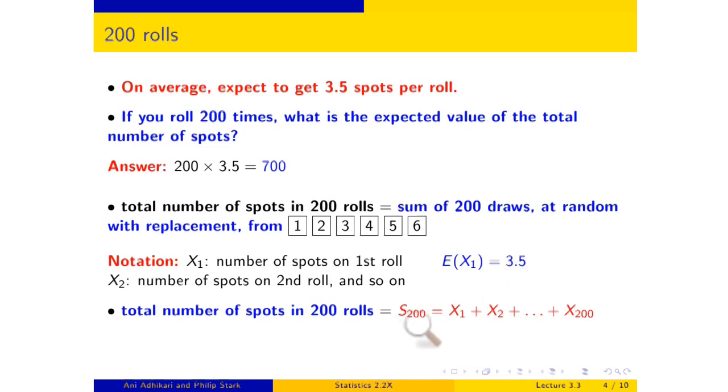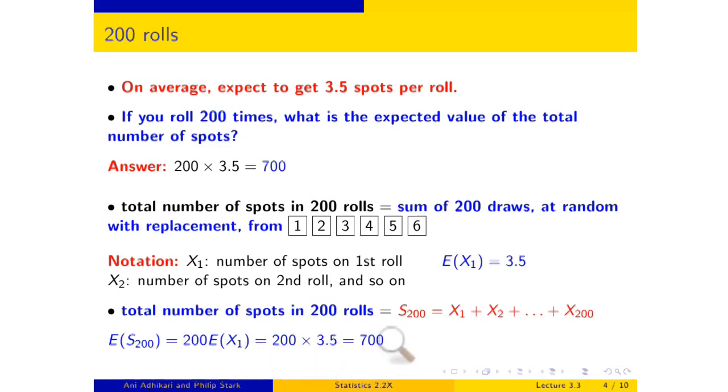And so if I want the expected value of the sum, what you think must happen naturally is indeed correct. The expected value of this sum is the sum of all of these individual expected values, and they're all 3.5, and so you have 200 of each one, and that's your 700.